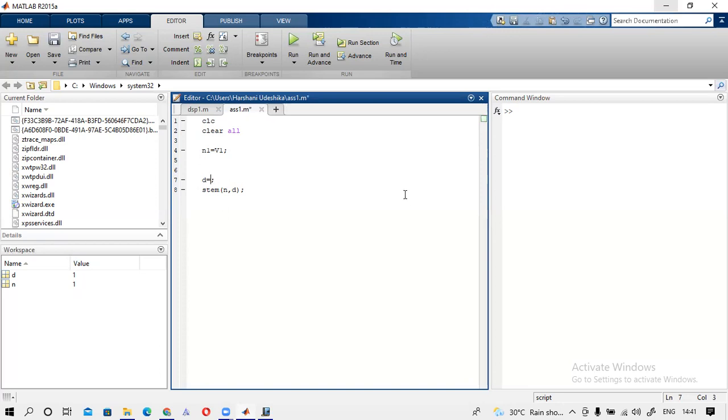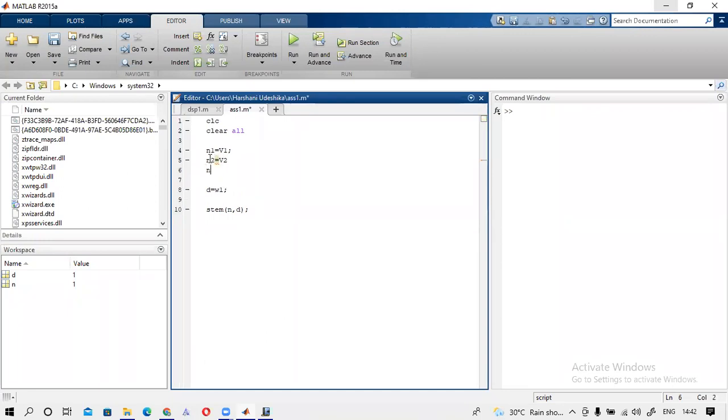Here you have N2, it is 4. Let's take it as V2.